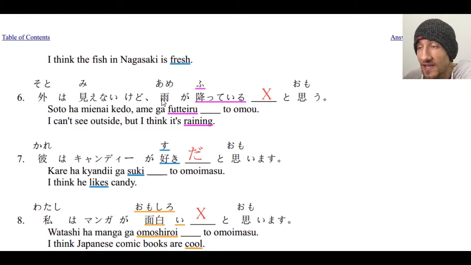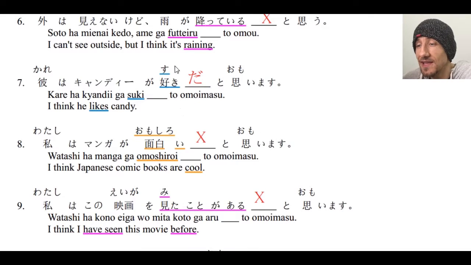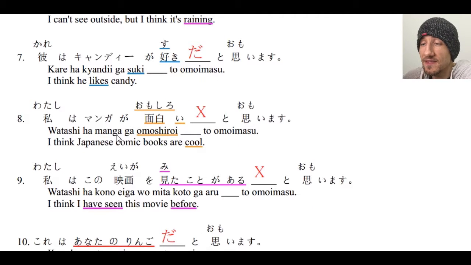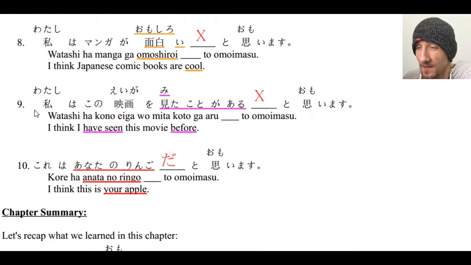外は見えないけど雨が降っていると思う. Number 7, I think he likes candy. 彼はキャンディーが好きだと思います. Number 8, I think Japanese comic books are cool. 私は漫画が面白いと思います. Number 9, I think I have seen this movie before. 私はこの映画を見たことがあると思います. 見たことがある.